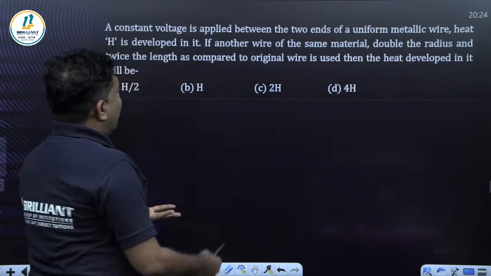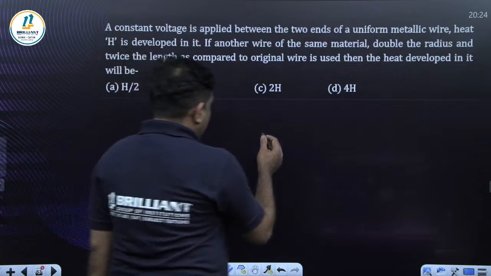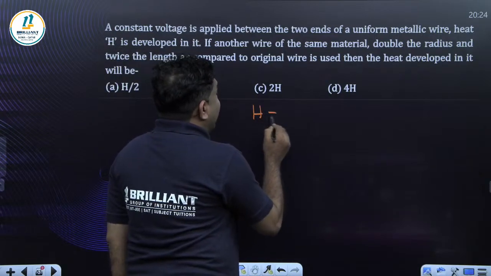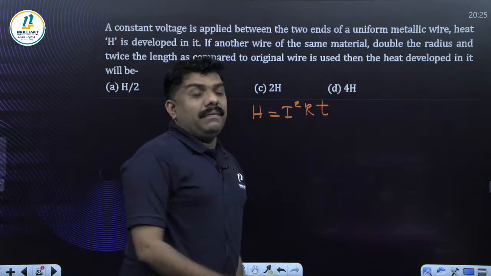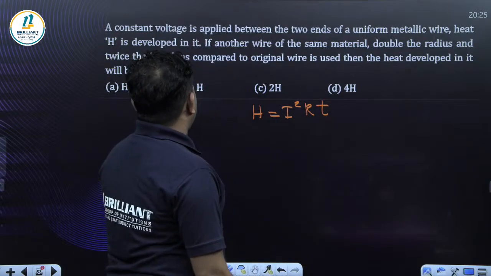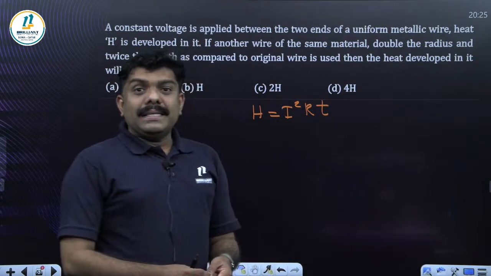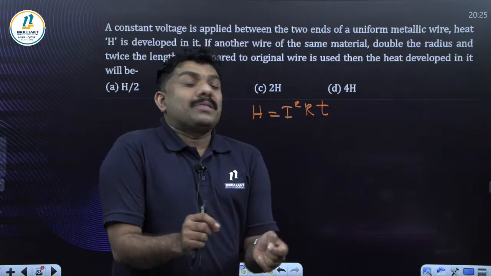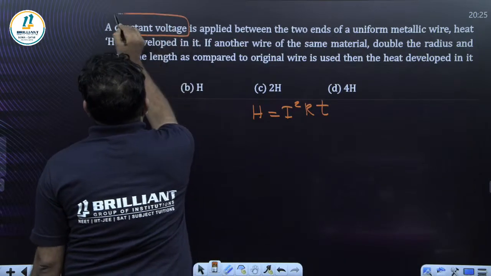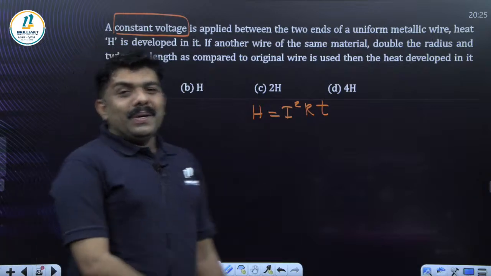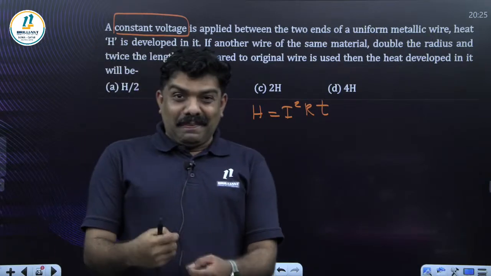For heat developed, which equation did we study? We studied H equal to I square RT. But here that equation is not suitable because constant voltage is mentioned in the question, so we can replace it.